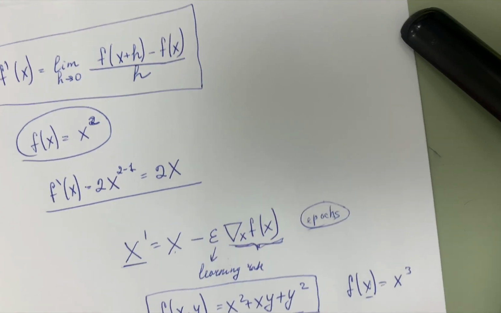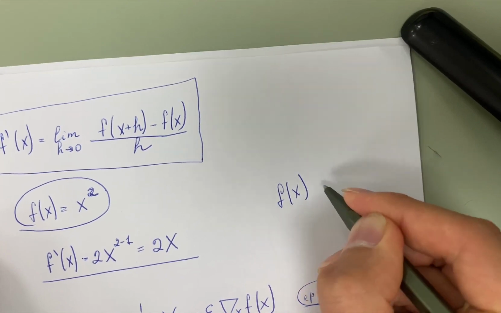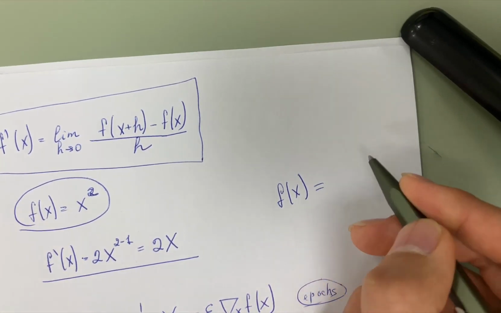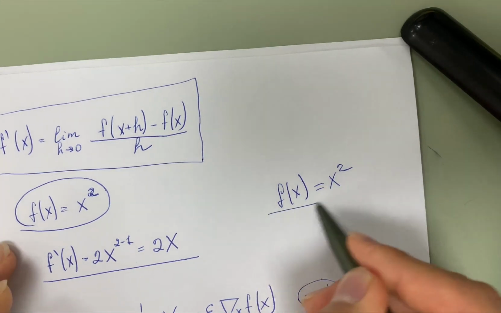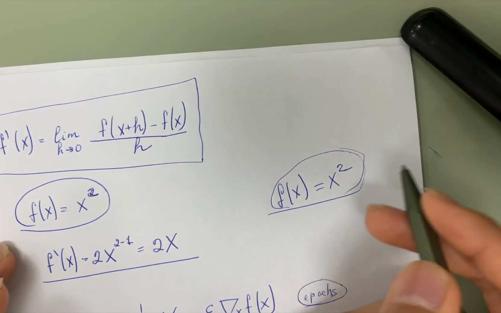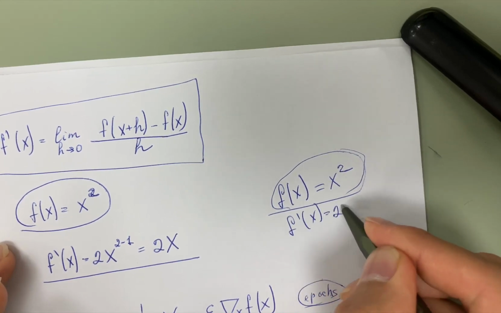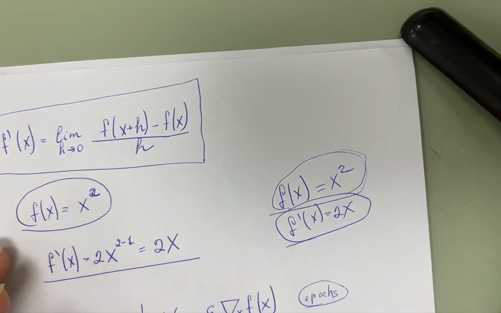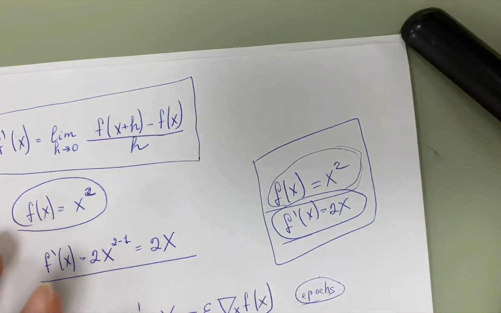For today we will talk about how gradient descent works for this very simple function, because we know from the last session that the derivative of this function is 2x. We will plot this function.